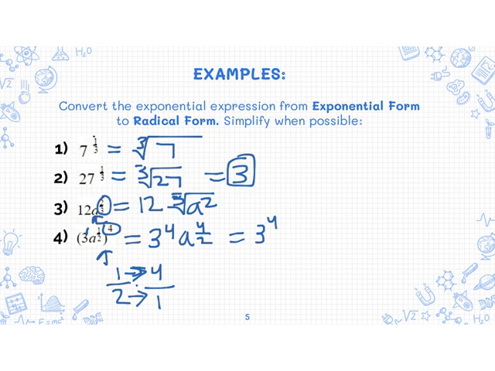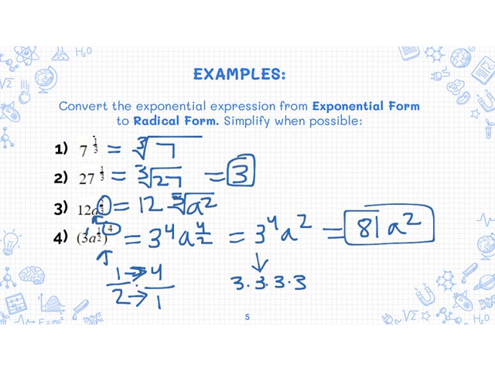So I have 3 to the 4th power, a squared. And then my final value is I need to multiply this value by itself 4 times. So we have 3 times 3 times 3 times 3, and we end up getting 81a squared.